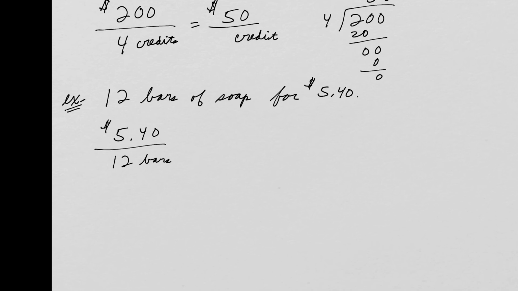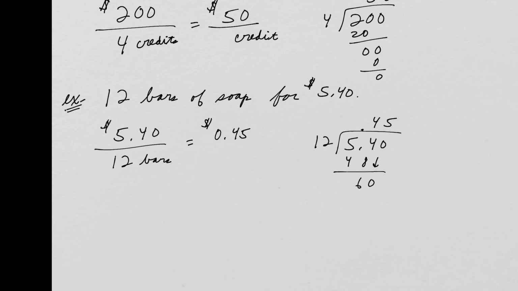So if I divide this, let's say 12 goes into 54, 4 times? So that'll be 48. Subtract, that's 6, bring down the next digit, which is the 0, and then 12 goes into 60 5 times. So this is going to be $0.45 per bar.